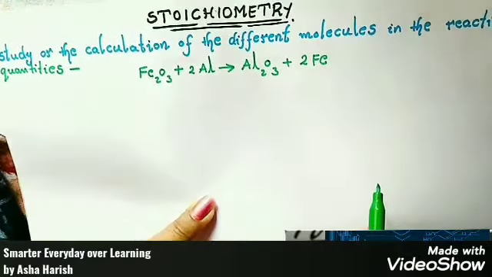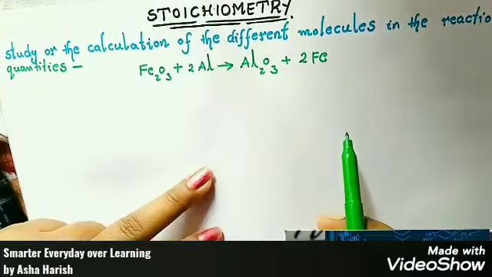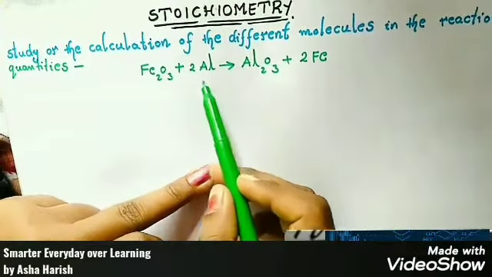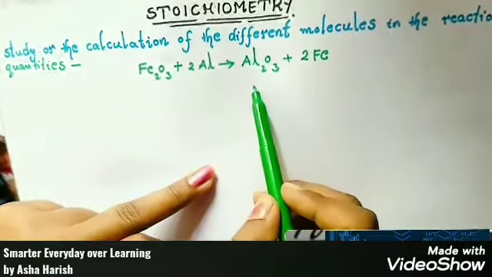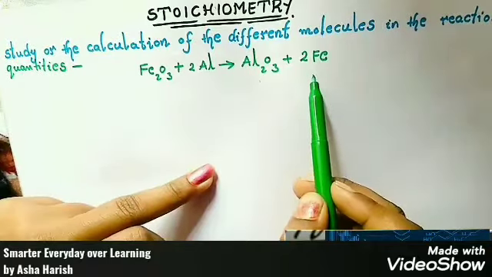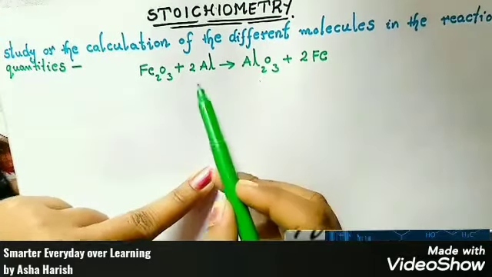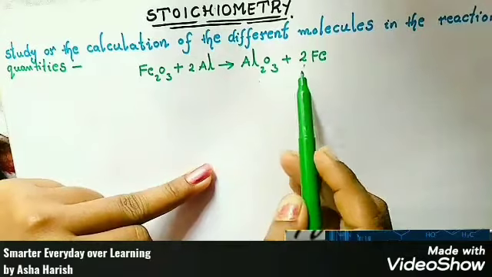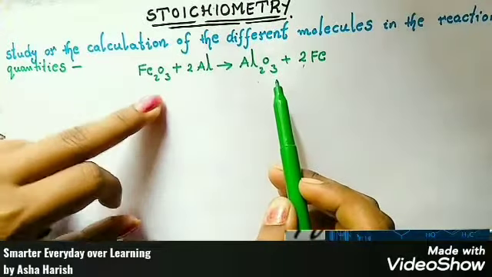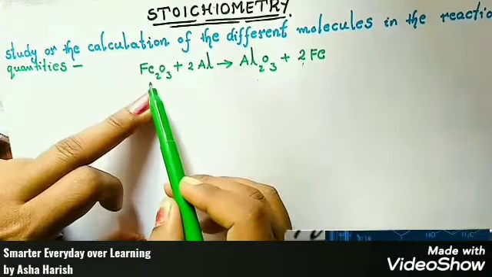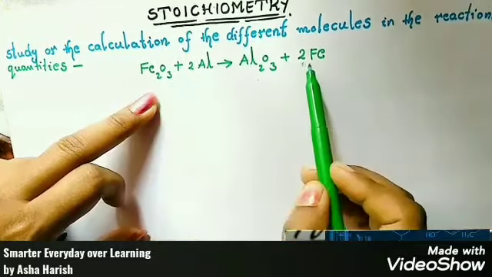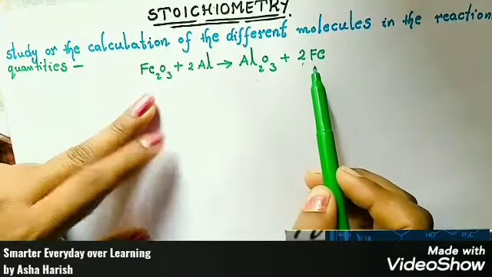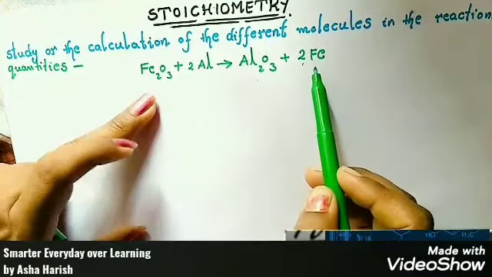See the example equation I have written here: ferric oxide plus aluminium gives aluminium oxide plus iron. So here these are the coefficients, these two and these two. Students, if you see this equation, on the reactant side there are 2 iron atoms, and on the product side also there are 2 iron atoms.